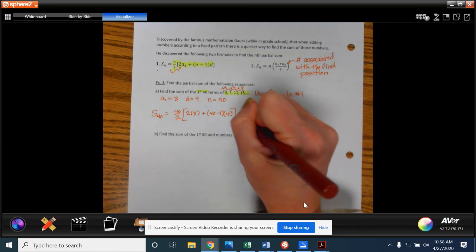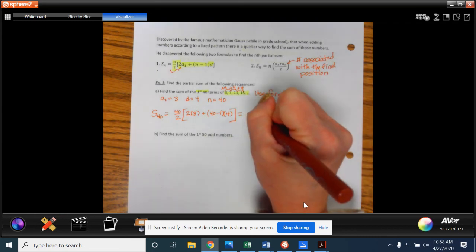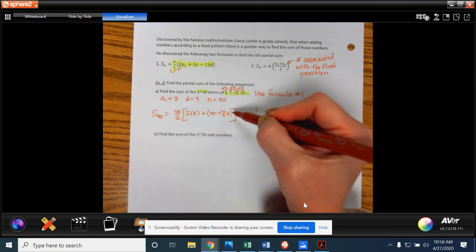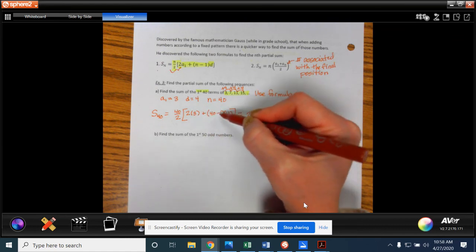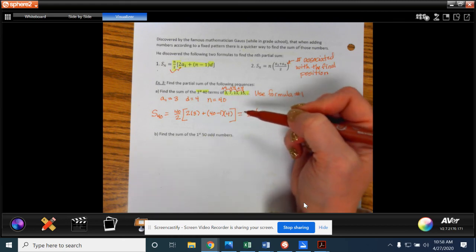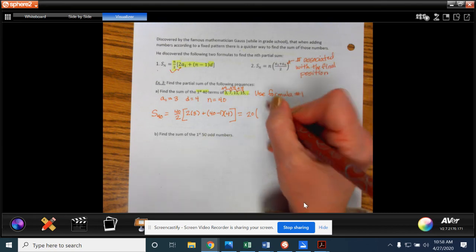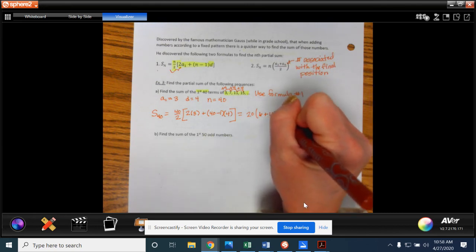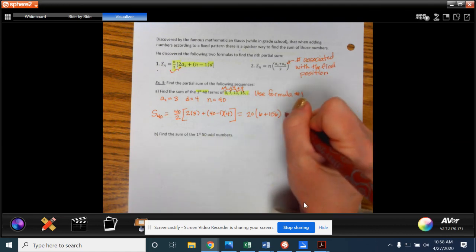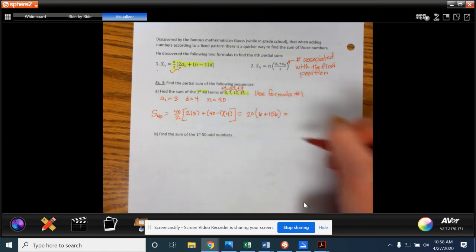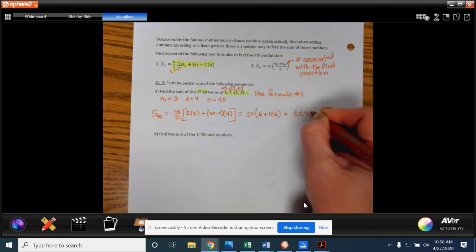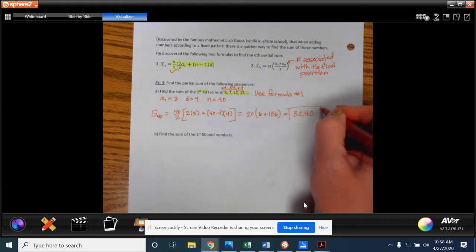I would reduce this to 20 times, and I multiply this piece and this piece once the inside of the parentheses is done, which is 39. So 39 times 4 is 156. The first one is 6 plus 156. Then add the two together and multiply by 20. I get 3,240.